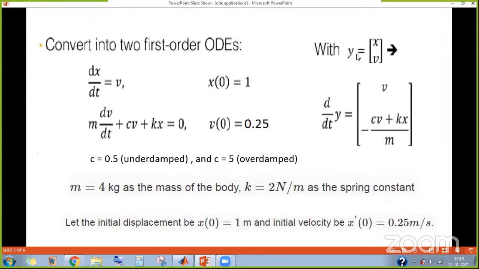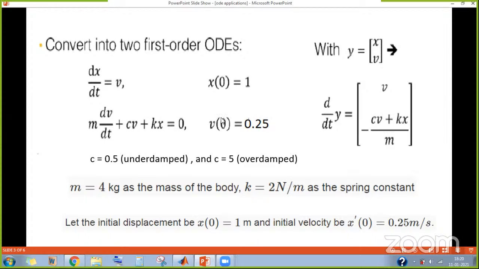Now, let's say we have been given y equals x and v, where x denotes the displacement and v denotes the velocity. So dy/dt equals v, because dx/dt equals v, and if we do some algebraic manipulation, we get dv/dt as minus of (cv plus kx) whole by m.